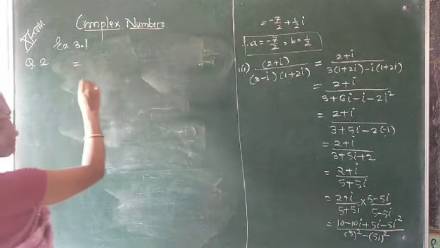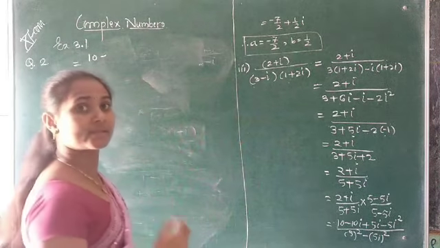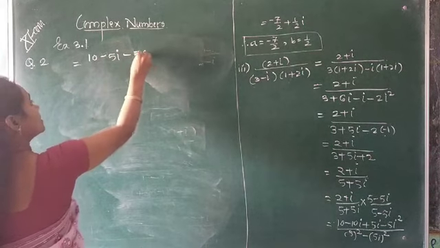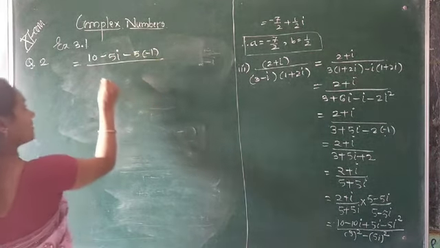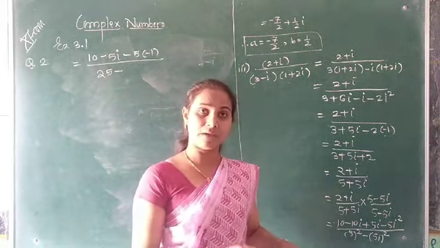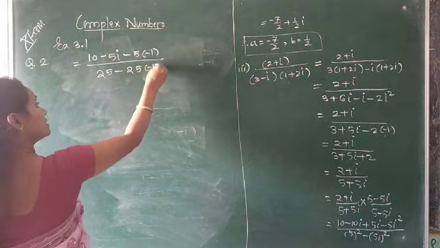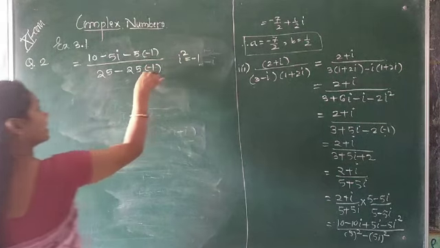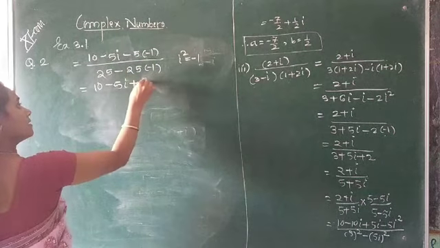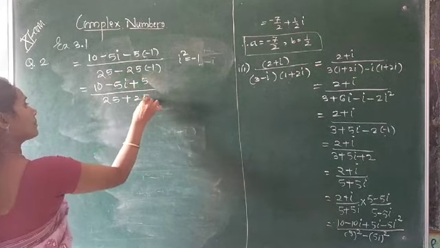It is equal to 10 minus 10i plus 5i, minus 5 into i square, divided by 5 square which is 25 minus, see here, 5i bracket square, that means 5 square and i square. So the value is 25 and into the value of i square, which is minus 1. Since here and here we use the value of i square: 10 minus 5i plus 5, divided by 25 plus 25.